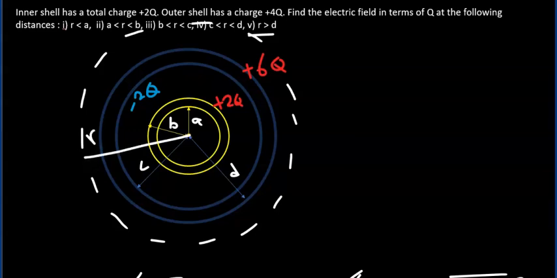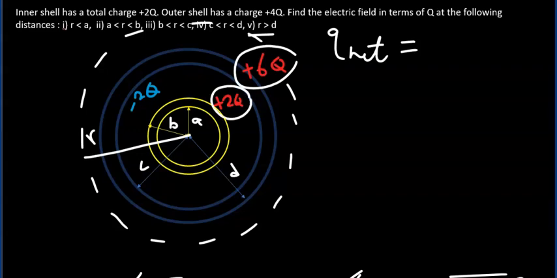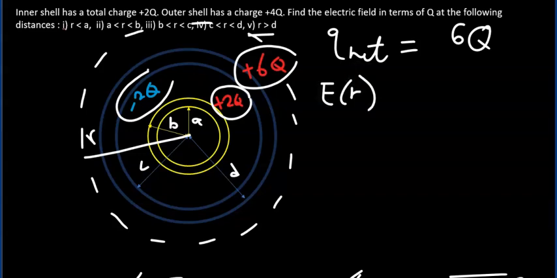So obviously the net charge enclosed by that Gaussian surface is 6q plus 2q, that is 8q, 8q plus minus 2q, and that's going to be 6q. So the electric flux is given by E at that distance. We know the electric field at that distance will be going outward like that due to the positive net charge.